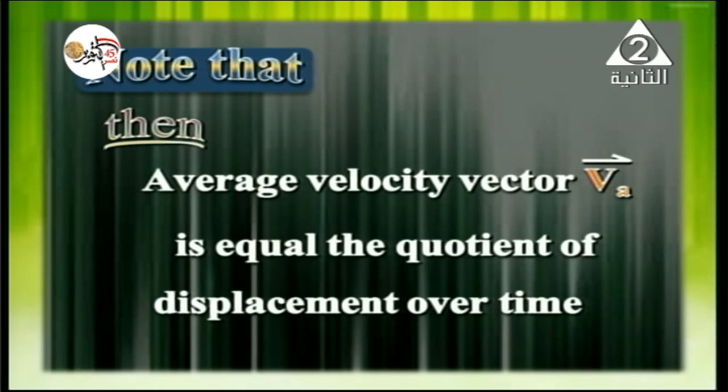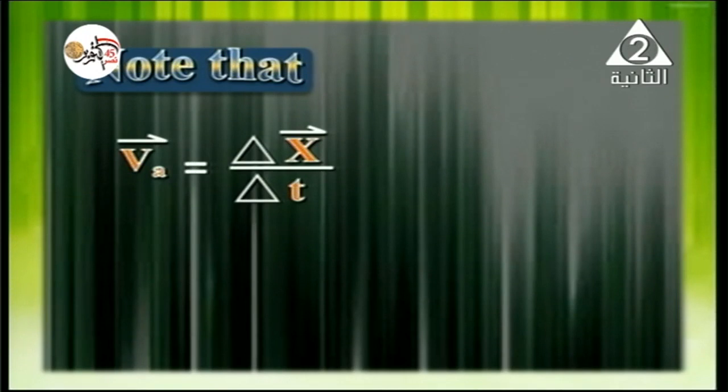What do you mean by average velocity, my dear student? The quotient of displacement over time, or delta S over delta T. Look at average velocity: delta X or delta S over delta T. My dear student, remember delta X or delta S represents displacement, delta T respects time.